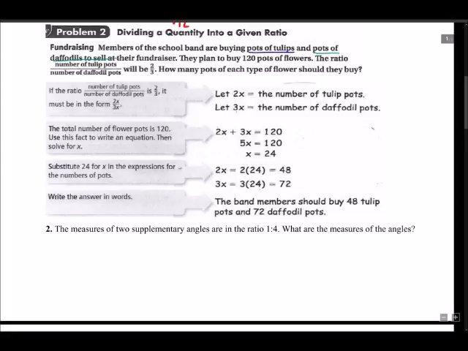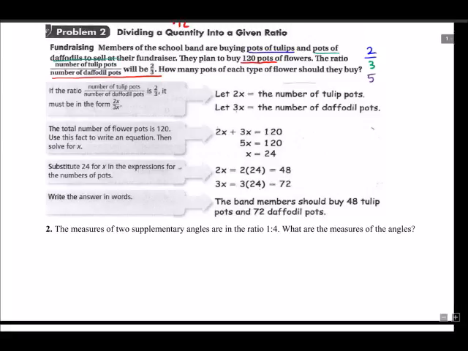And we are told that we are buying a total of 120 pots of flowers and a ratio of 2 tulips for every 3 daffodils. So this lets us write an equation. We could say we're buying 2 tulips and then we buy 3 daffodils. And that means we would get 5 plants.